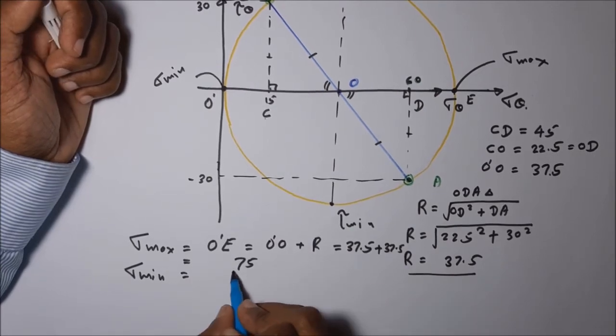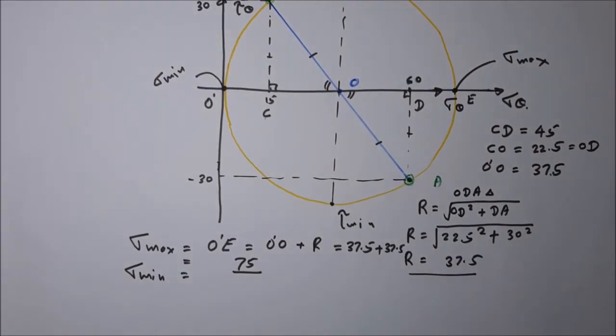Sigma maximum is equal to 75. Then we are going to find the sigma minimum.